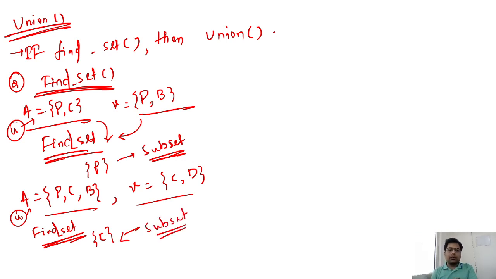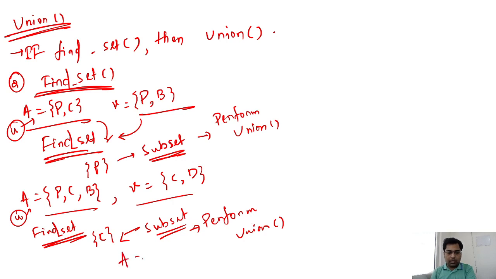No subset, so we can perform the union set. Perform union. So once we are performing the union set, the answer could be written as P, C, B, and this one is D. You can check that one.